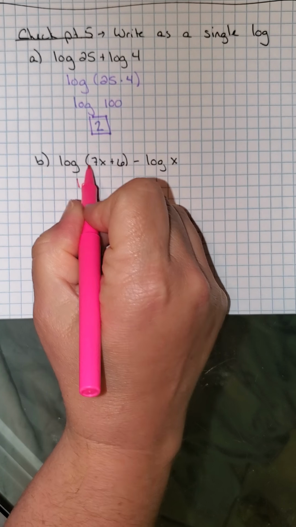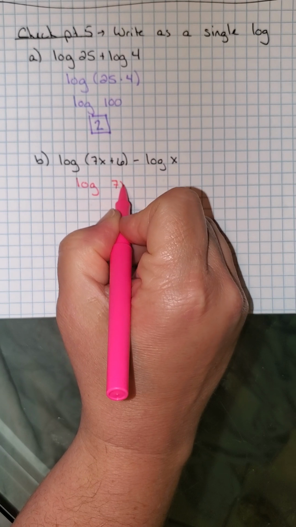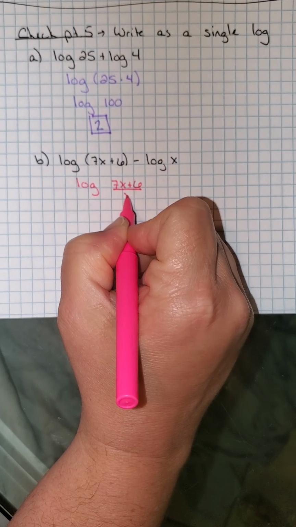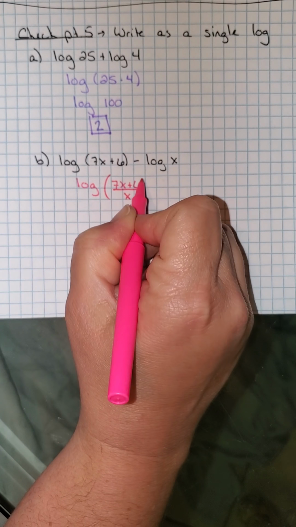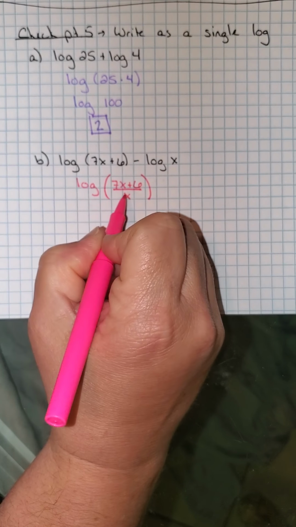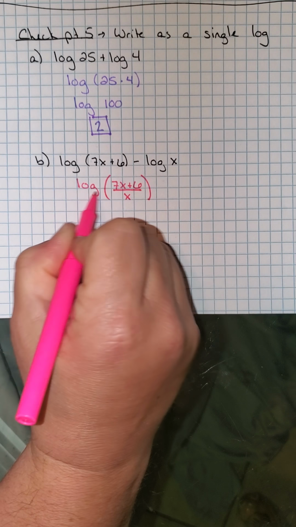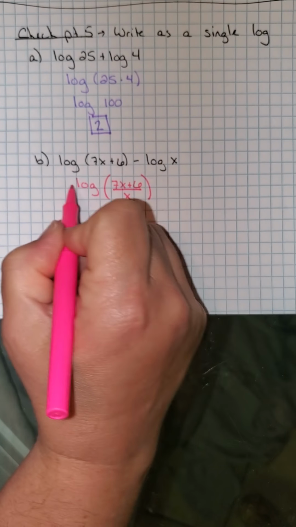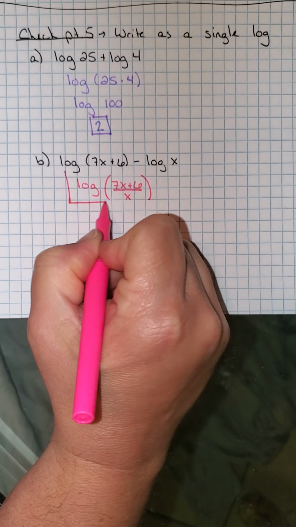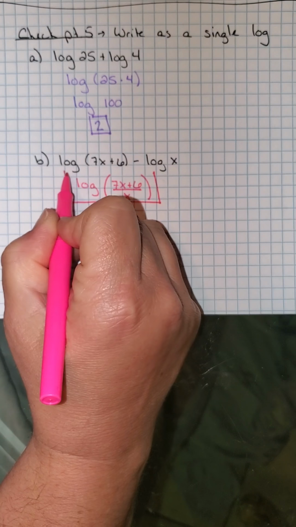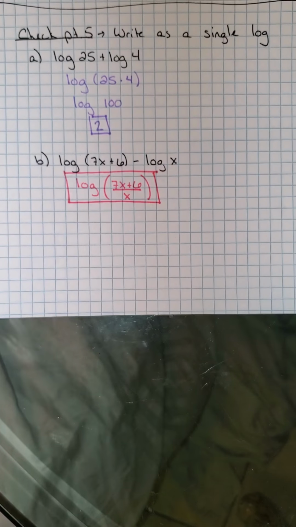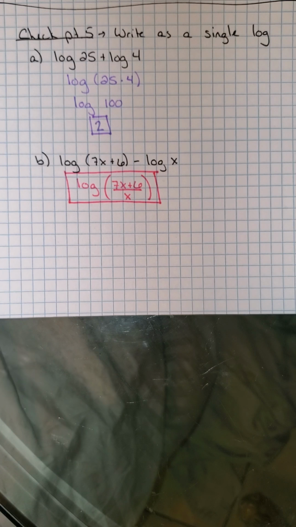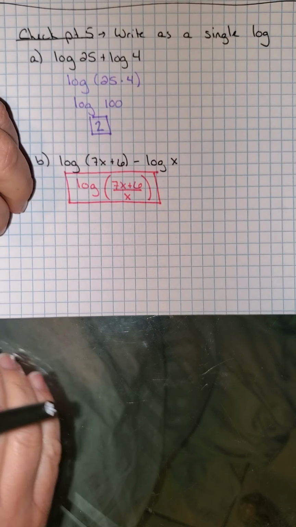So we're going to do the log of the top, 7x plus 6, divided by the bottom, which is x. Show that we're taking the log of the whole thing. Careful with this. Some people put the whole thing over x, and then it's wrong, because actually only the 7x plus 6 is being divided by x. And that's your answer. Okay, these two did not have any power rule in it, but checkpoint 6 will.